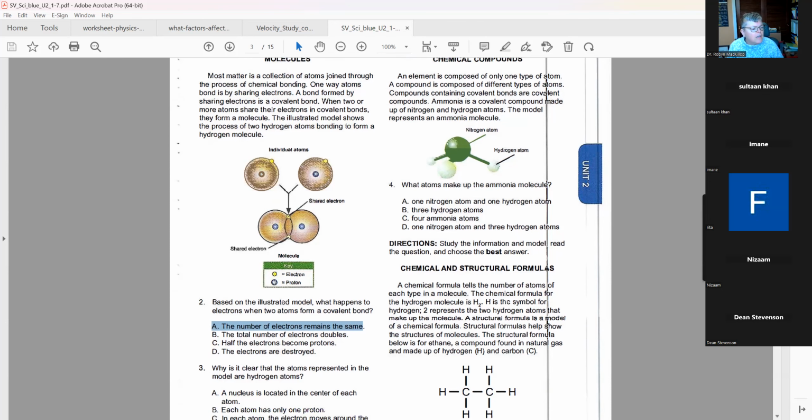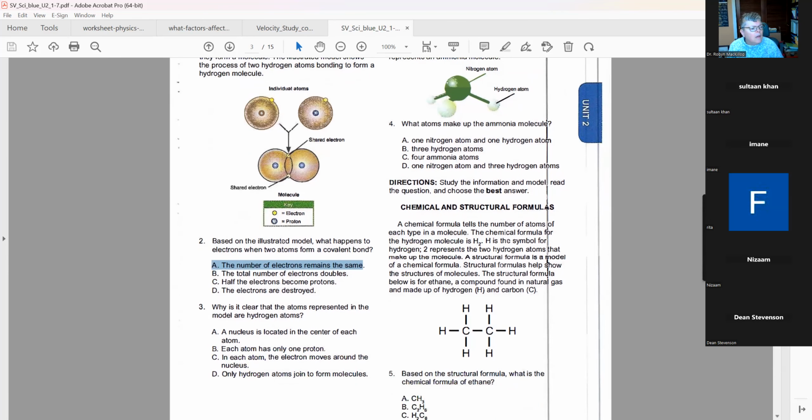All right, let's check number 3. Why is it clear that the atoms represented in the model are hydrogen atoms? A, a nucleus is located in the center of each. B, each atom has only 1 proton. C, in each atom, the electron moves around the nucleus. Or D, only hydrogen atoms join to form molecules.